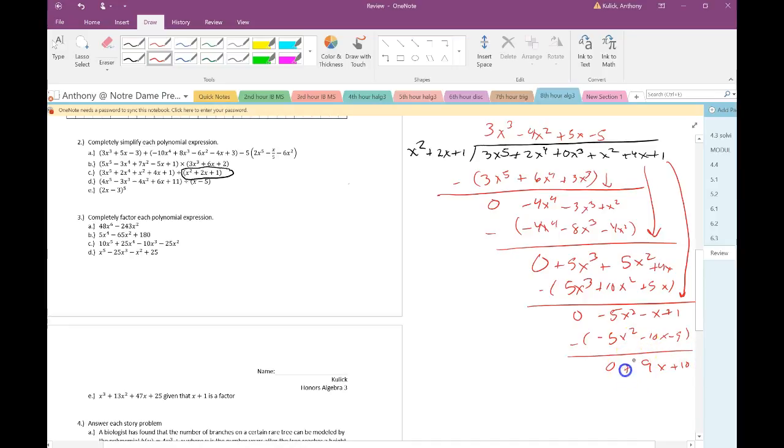And then if I say what times x squared gives me 9x, not a polynomial, so I'd say my remainder then is 9x plus 10. So the way I'll write my final answer, I'd say 3x to the 3rd minus 4x squared plus 5x minus 5 plus my remainder, 9x plus 10 over my divisor, x squared plus 2x plus 1.